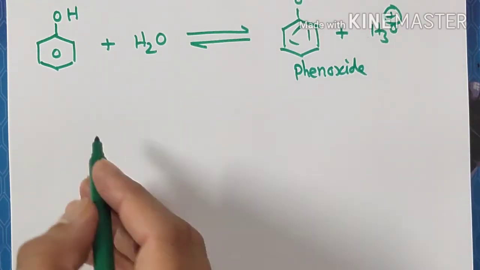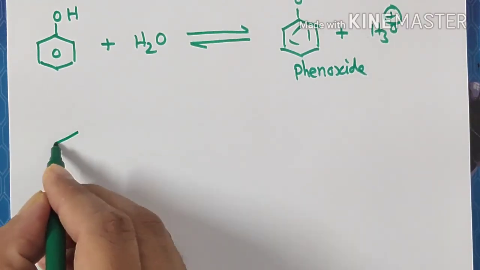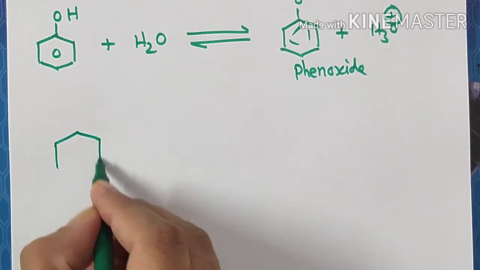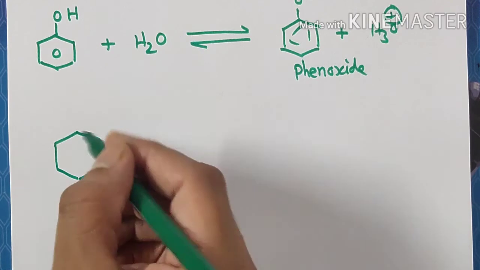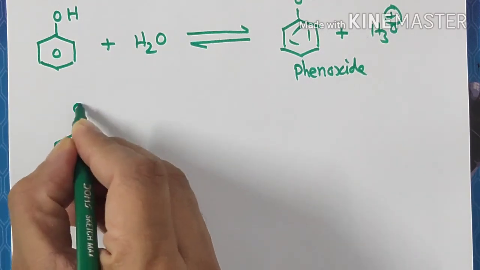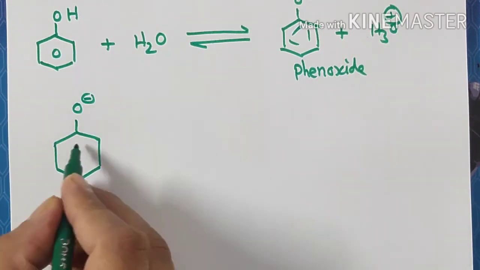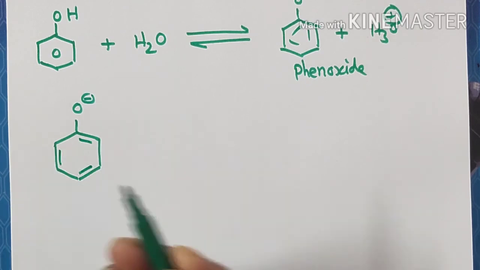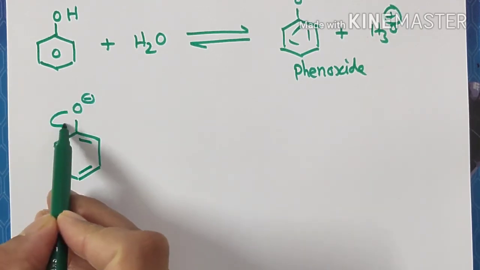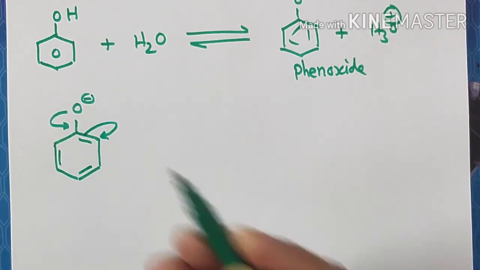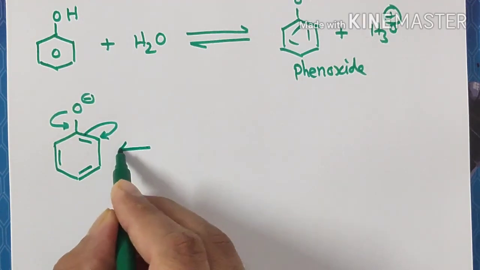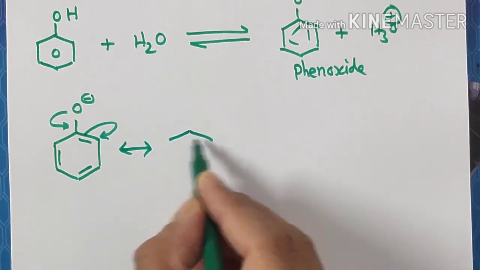And why is it stable? Let's understand this. This is because of resonating structures. Even this we have studied in phenol, student, but I'm drawing it again. So this is oxygen, this is minus, right? Suppose this negative charge puts its electron over here, so this bond will break and the negative charge comes on this, right? So what will be the resonating structure for this?